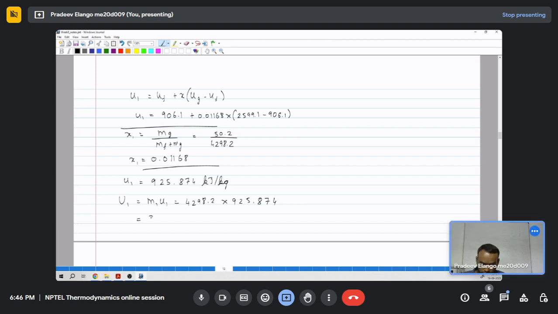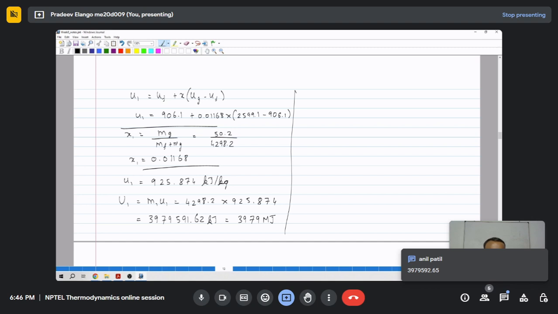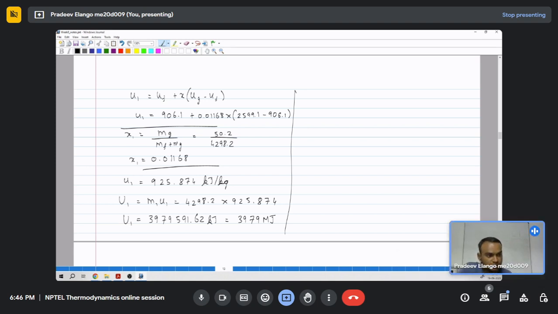So I'm getting 3979591.62 kilojoules, so this is 3979 megajoules. Yeah, so this is also 3979 megajoules, right? Yeah. But in the solution it is a different value.